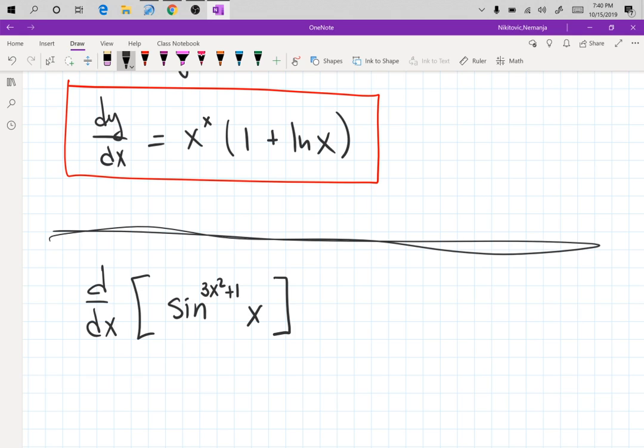It was actually just sine x to the x, so I just added some extra fluff because we can. Please rewrite this as sine x raised to the power. Set it to y, ln both sides, go.